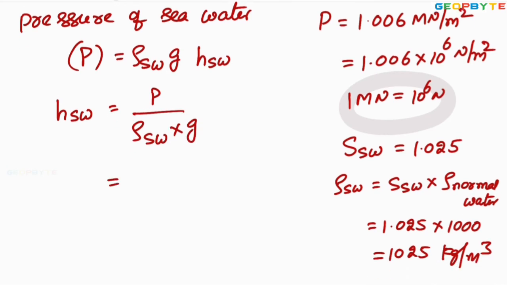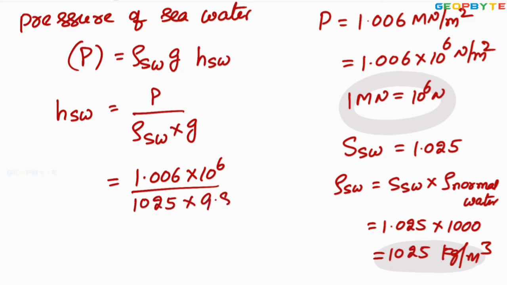Here pressure is 1.006 into 10 raised to 6 divided by the density of the seawater, 1025, multiplied by 9.81.